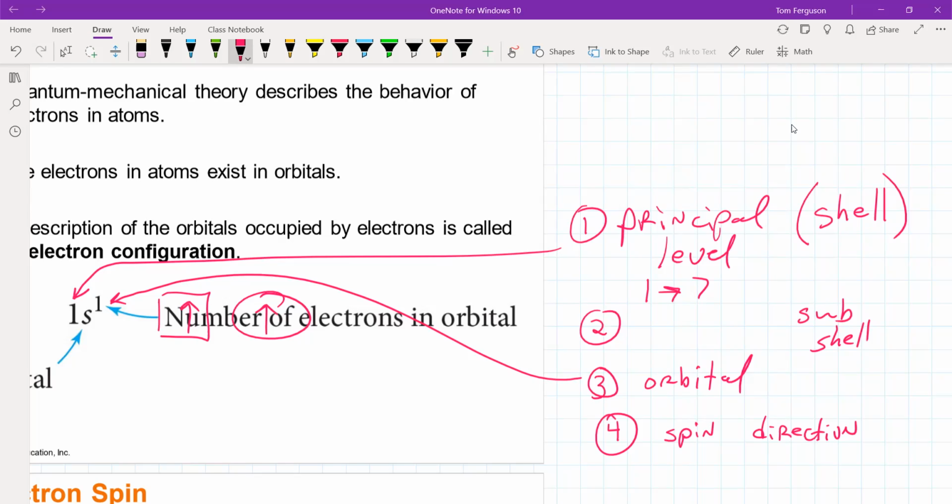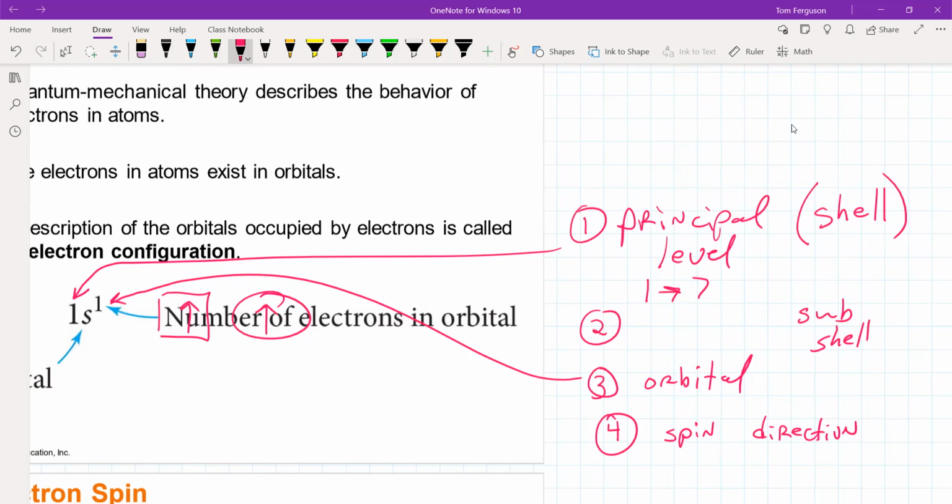Just like two magnets, if you put them the same way, what do they do? So which do you think is more stable for those two electrons, opposite or alike? Think of two magnets. Yeah, north and south with magnets.